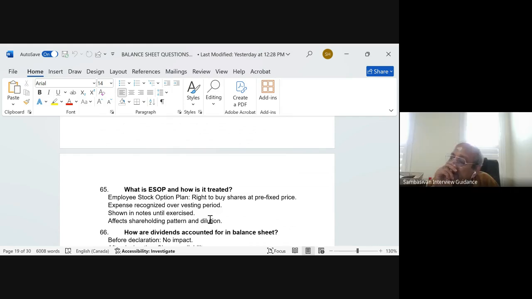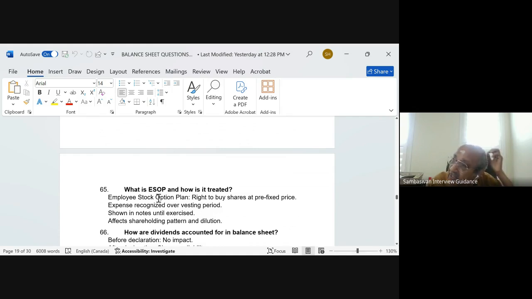See, actually, employee stock option means companies will offer employees a certain amount of shares depending on their cadre, at a price which is considerably lower than the market price. And they will be told that they cannot sell it for a period of so many years, that is 3 years, 2 years, depending on the company's policies.